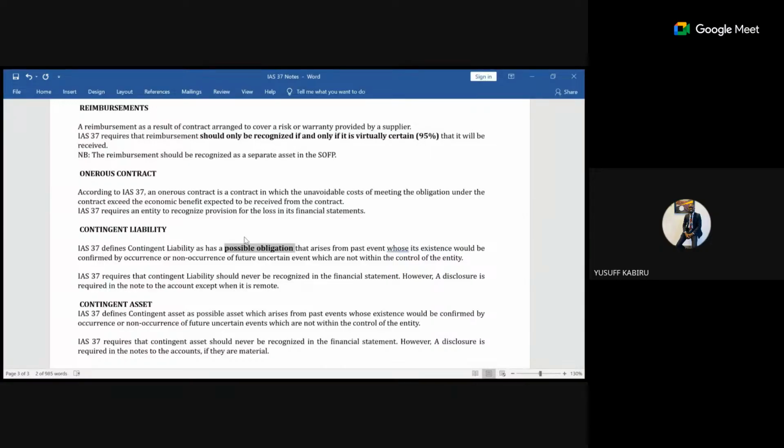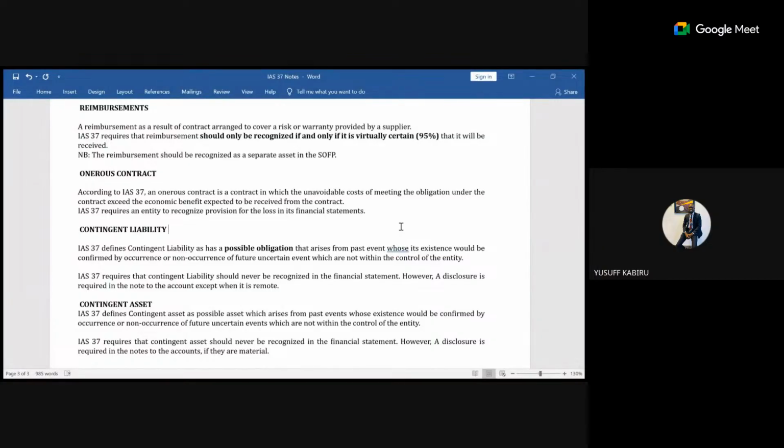And what are they saying? They said a customer took you to court that you must pay for damages as a result of your product. Now you went to the court, then your lawyer, your professional lawyer, told you that the probability that we will lose this case is 30%.